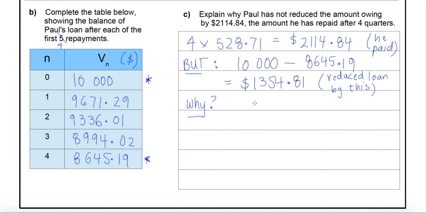This happens because every single payment that Paul is making, part of it is actually going towards the interest. It's not paying off the loan. So with every single repayment, you first pay the interest that you've been charged for that compounding period. So each payment that he's made, part of it's first gone to pay however much interest he's been charged for that quarter.